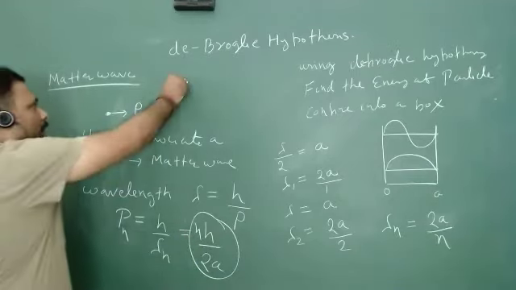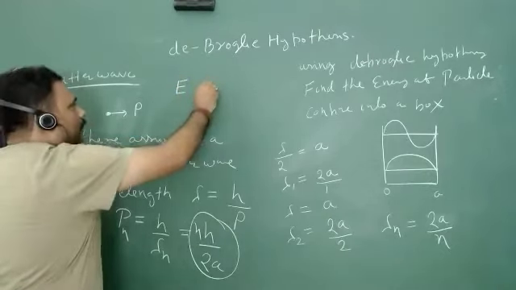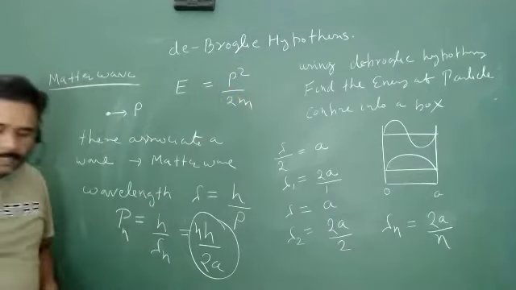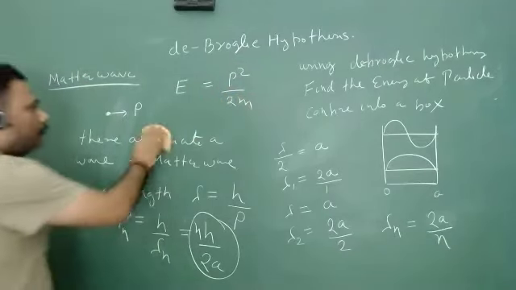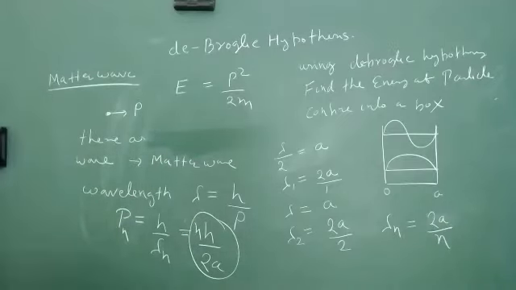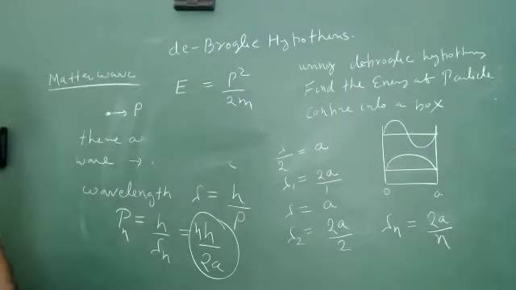What will be the energy? The energy En can be written as p square upon 2m. And you can easily find the value by putting the value of p here, so I can find the allowed value of p.